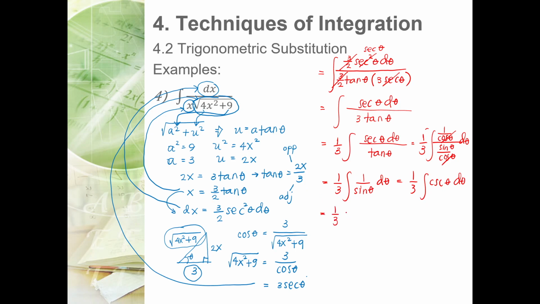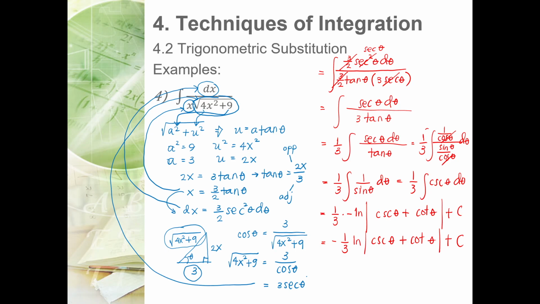So again, that's 1/3 times the integral of cosecant theta, which is negative ln of cosecant theta plus cotangent theta plus c. So we have negative 1/3 ln of cosecant theta plus cotangent theta plus c.